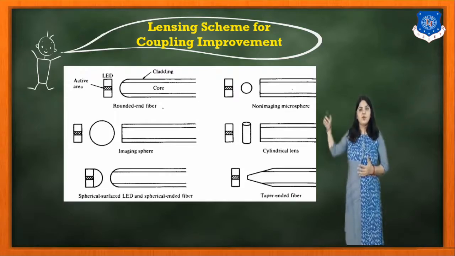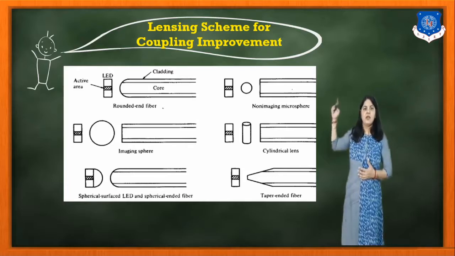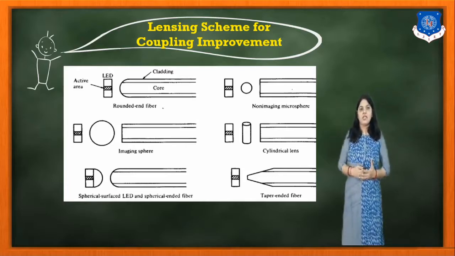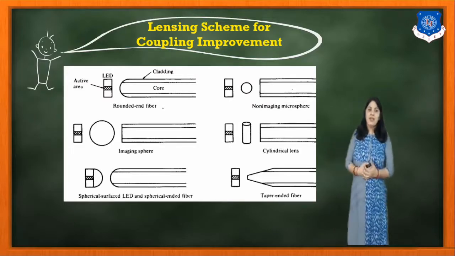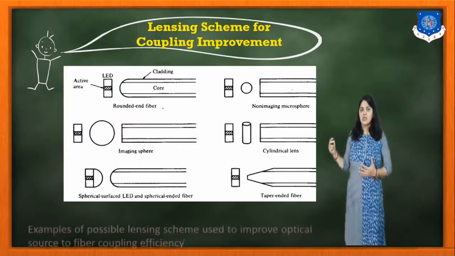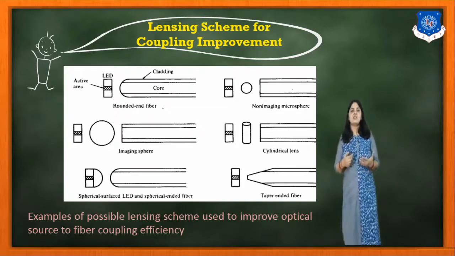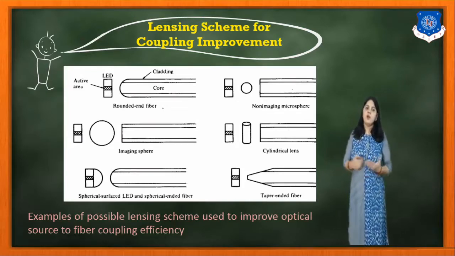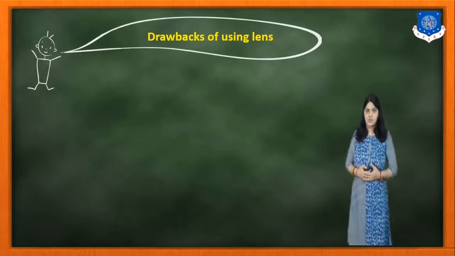Here you can see how the LED light is coupled with the fiber. In the LED, the shaded portion shown is the active area. So this is an example of possible lensing schemes used to improve optical source to fiber coupling efficiency.